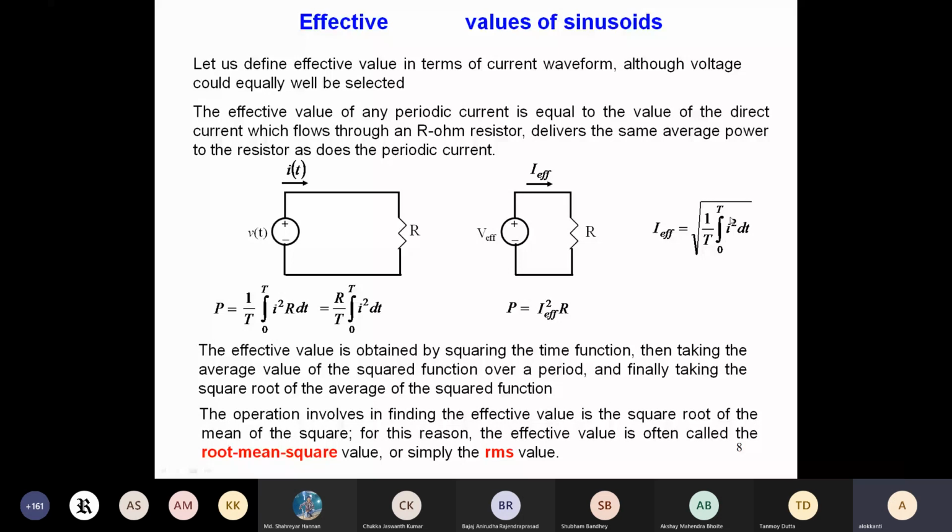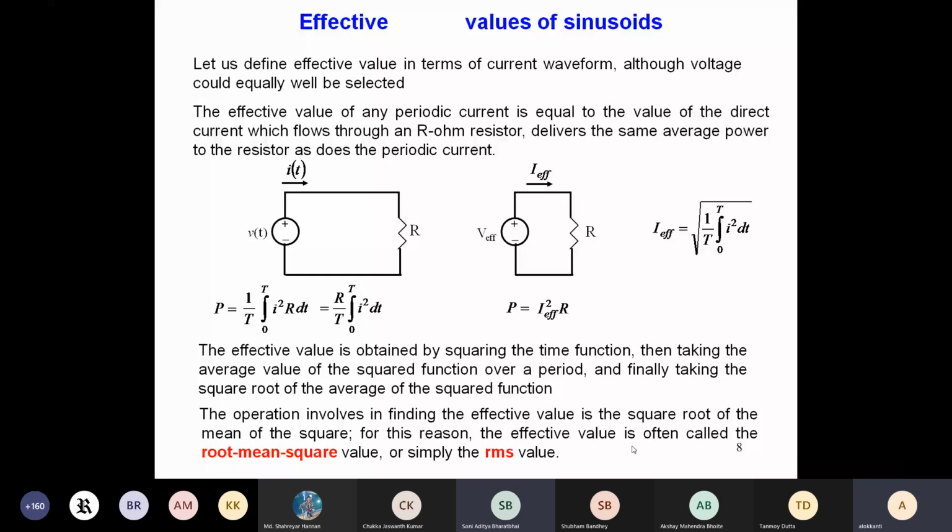So this effective value is often called the root mean square value or simply the RMS value. Does it answer your question? Computing the effective value means finding the square root of the mean of the square.